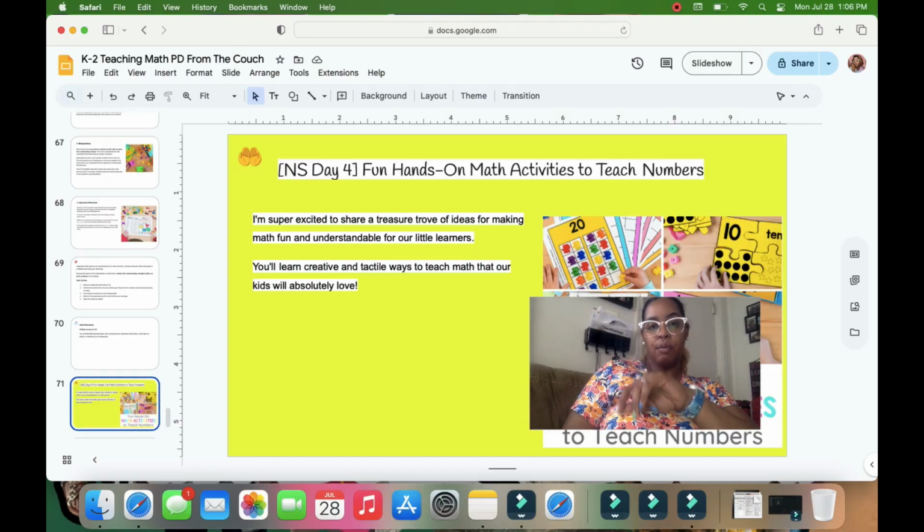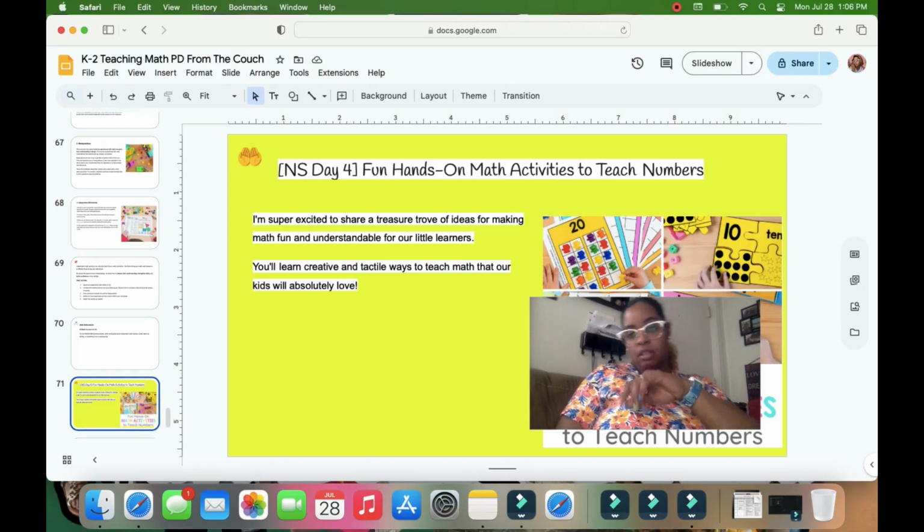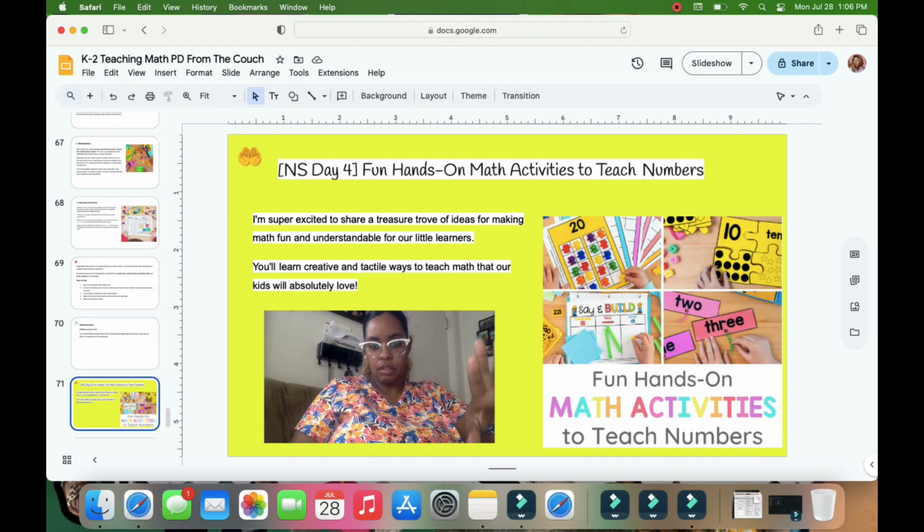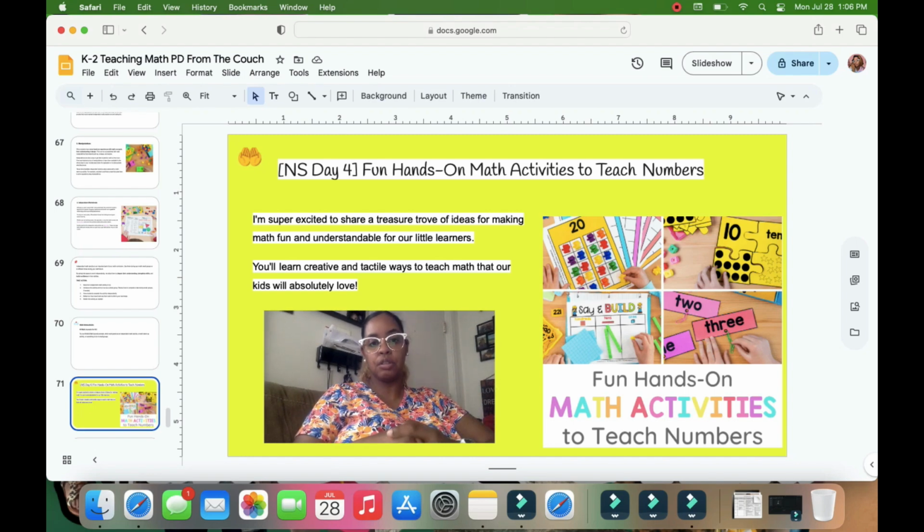The day 4 hands-on math activity to teach numbers was a really great email that I was looking at and reading. So she shared a treasure trove of different ideas to make math fun and understandable for little learners. You can use creative and tactile ways to teach math so that kids will absolutely love it.